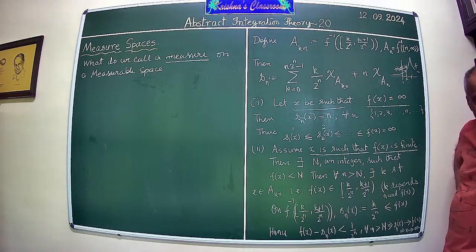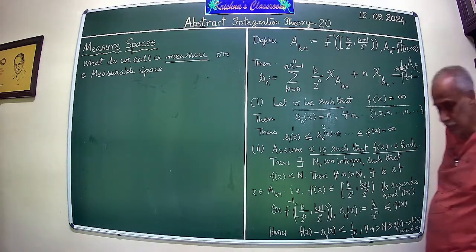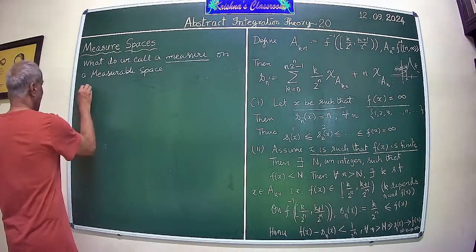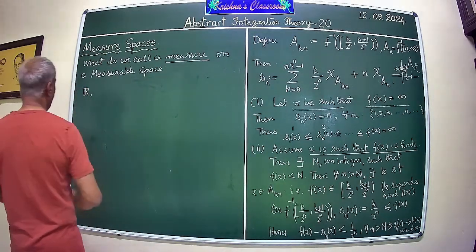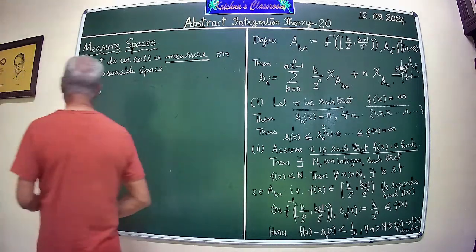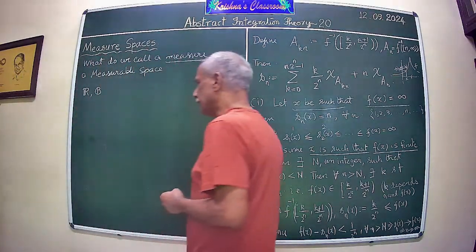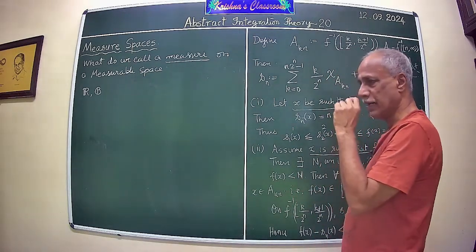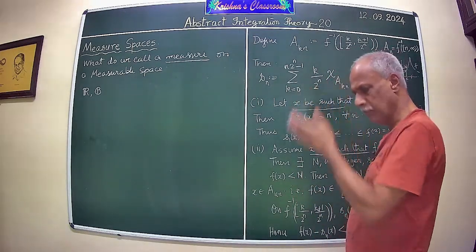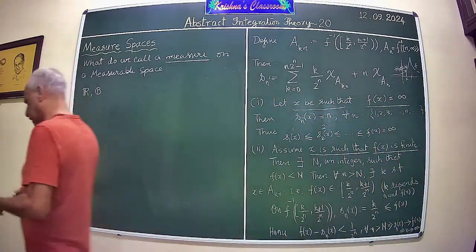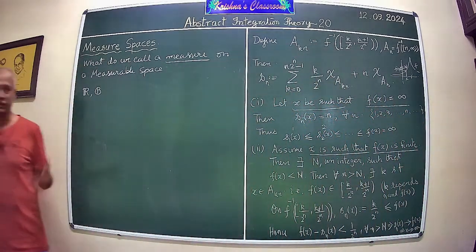What did we have? We had the real line to start with, R. Then we had the class of all measurable sets on R, which we called the Lebesgue measurable sets, which was constructed in such a way that it included all the intervals.